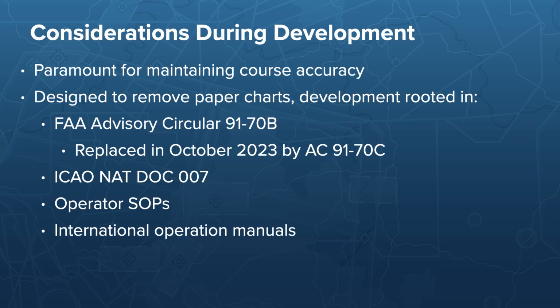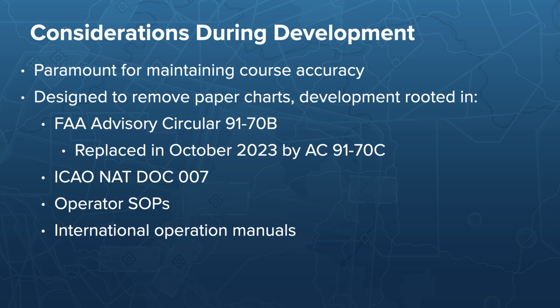So as you're all aware, Oceanic Plotting is really paramount for maintaining course accuracy in non-radar environments where there's no ATC surveillance. So this feature, while it's been long requested from operators like yourselves, it really emerges from the regulatory requirements ensuring that flights adhere to their designated paths, which ensure safety and compliance over large non-radar areas such as oceanic crossings.